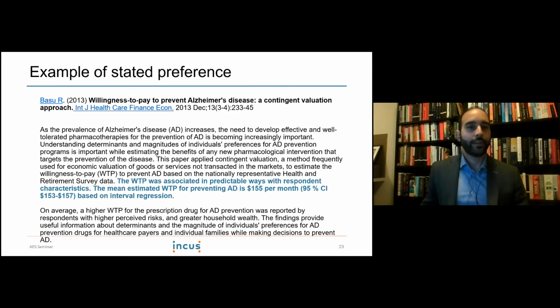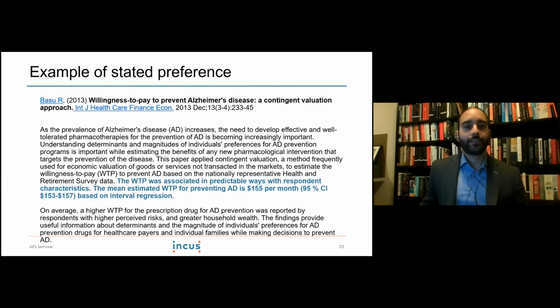So the first one is stated preference, and people might be familiar with the terms willingness to pay or willingness to avoid. Here's just a screenshot of a study which looked at willingness to pay to prevent Alzheimer's disease. In this study, researchers went out, they surveyed a large number of people, and that's what you normally need to do for these types of techniques.